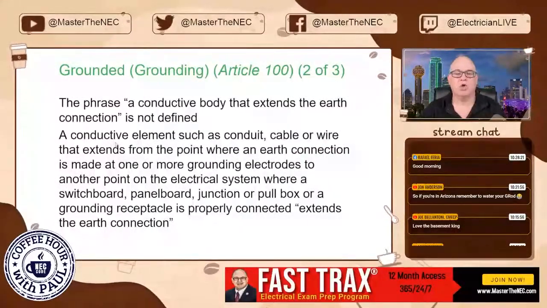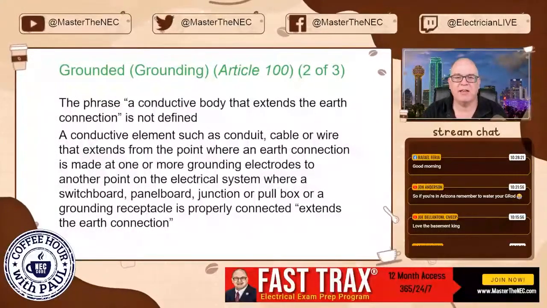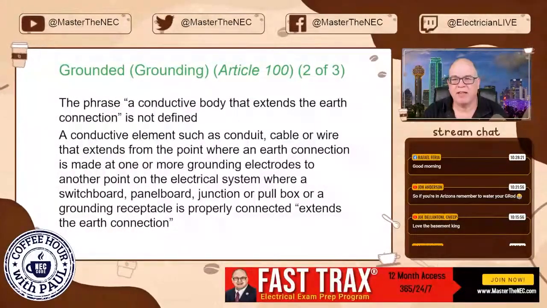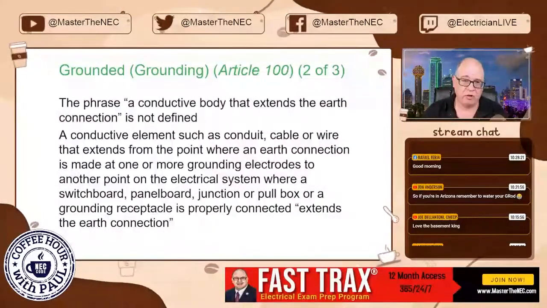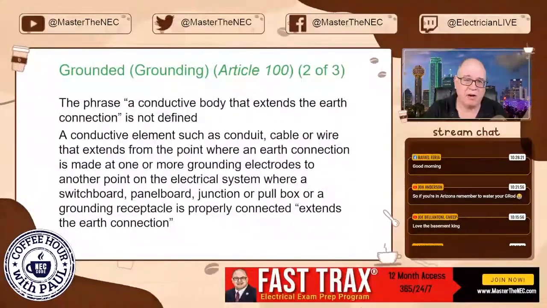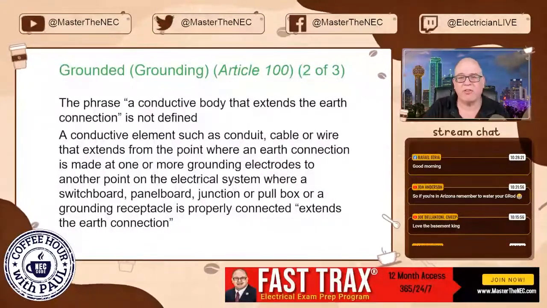All right, grounded. We're still on it. Grounded. What does grounded mean? The phrase, a conductive body that extends the earth connection, is not defined, okay? So we'll see this statement in there under the term grounded or grounding, and you're going to say, well, what does that mean?